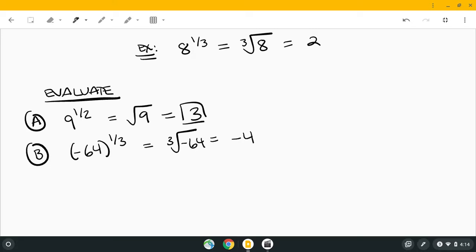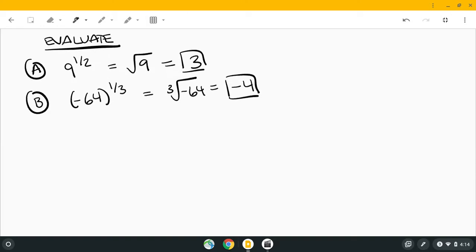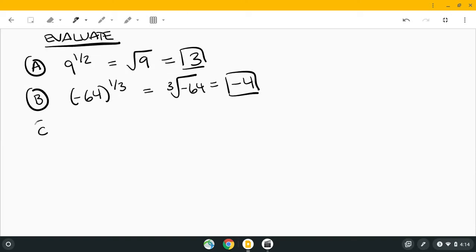Let me box my answers. And if I have 16 to the 1/4, that is the same thing as saying the fourth root of 16. That would be 2, because 2 to the 4th power is 16.